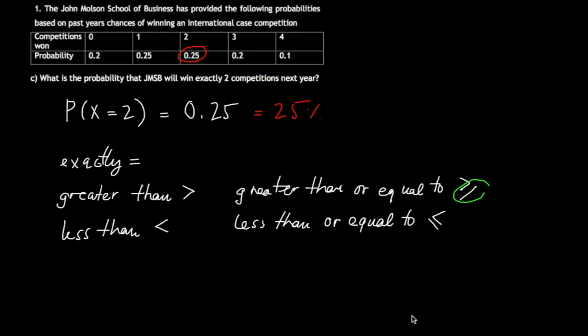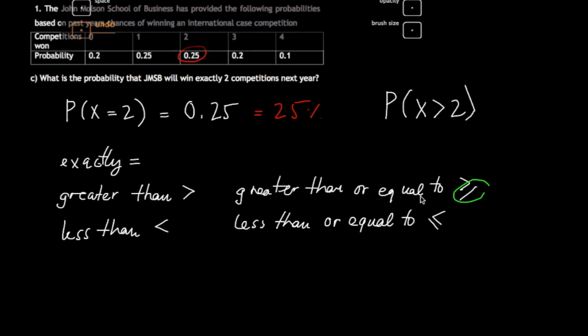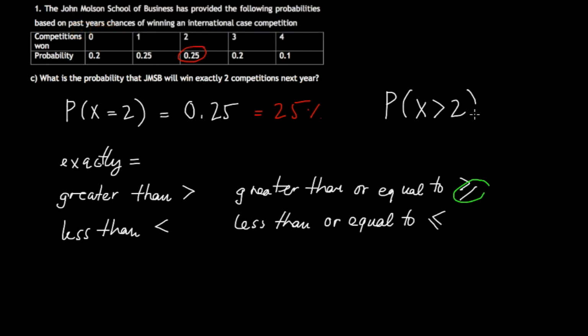It's very important because let's say, for example, if I ask you for the probability that JMSB will win more than 2 competitions, okay, this does not include the equality. So what I asked you was more than, not more than or equal to.